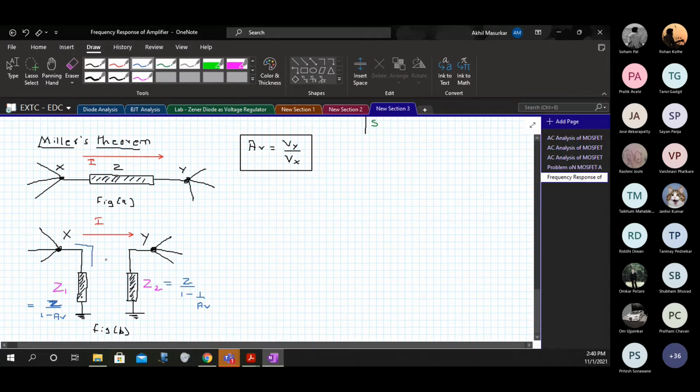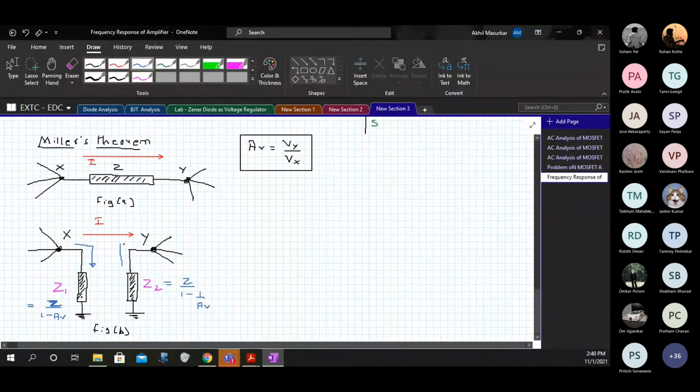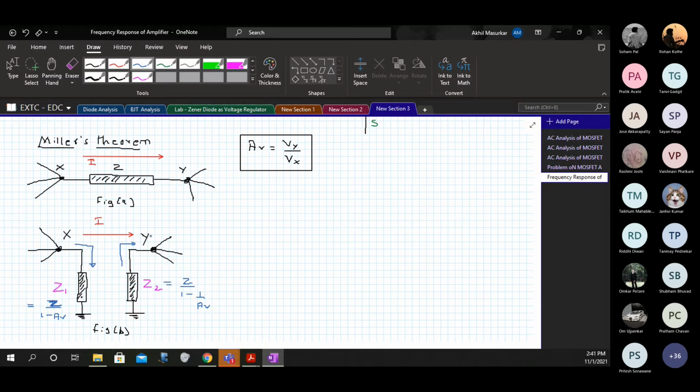I flows as I1 here, and then this current flows like this again. So I, instead of flowing from X to Y directly, now goes into ground, and ground again sources the same amount of current, because you cannot violate any circuit rule or circuit theorem when you split something.